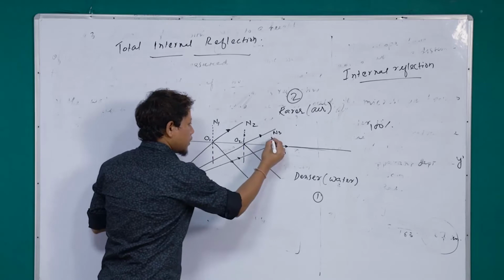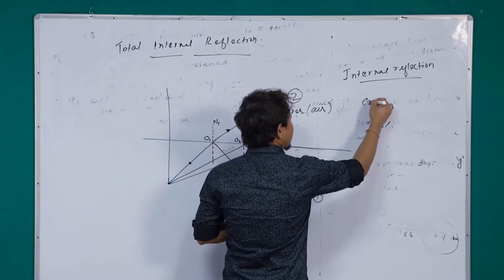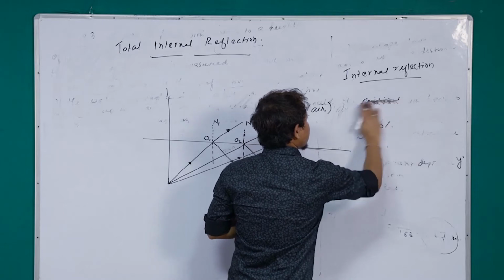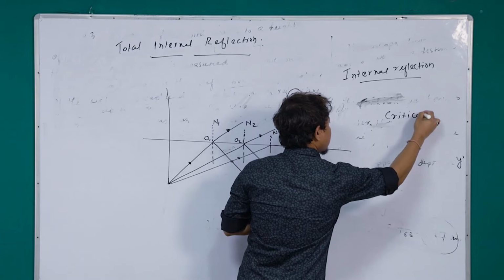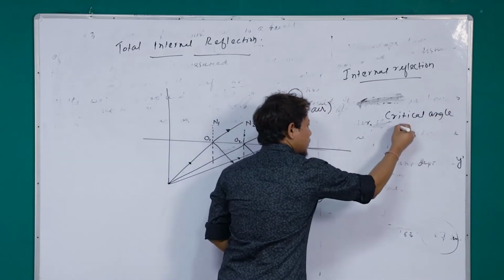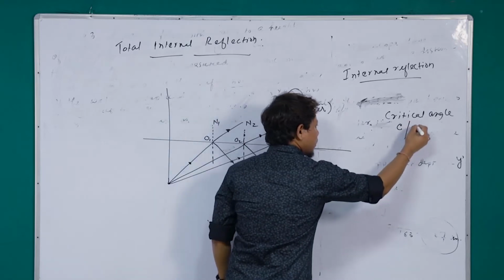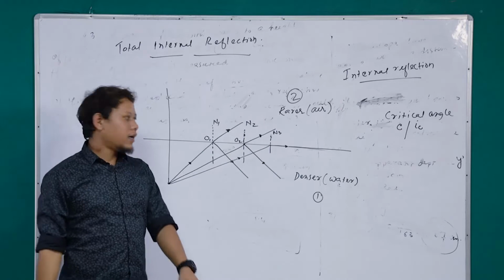So in this particular case, we get a new term, which is called the critical angle. Generally the critical angle is denoted by C in some reference books, or in our textbook it is denoted by iC. So what is critical angle?